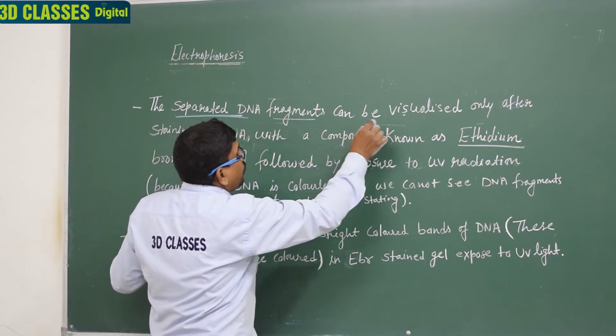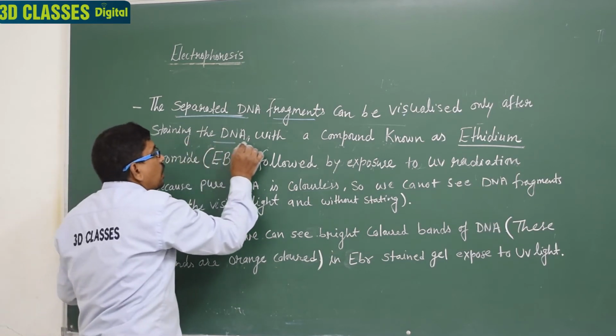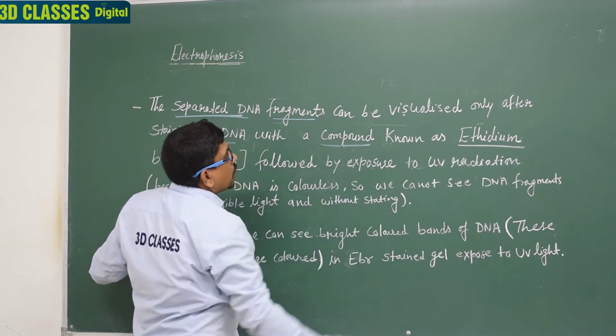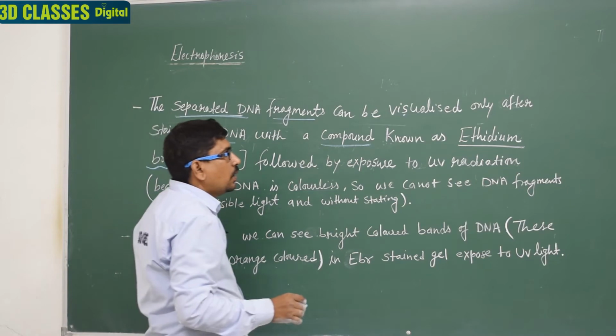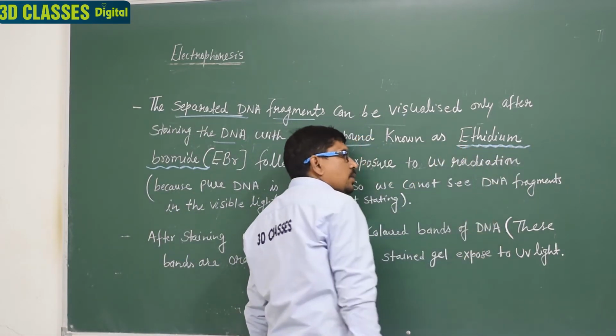Fragments can be visualized only after staining the DNA with a compound known as ethidium bromide. Clear? Without ethidium bromide, it cannot be visualized.